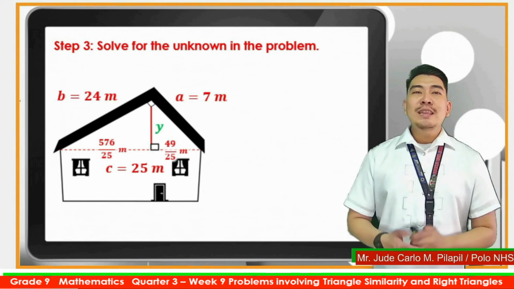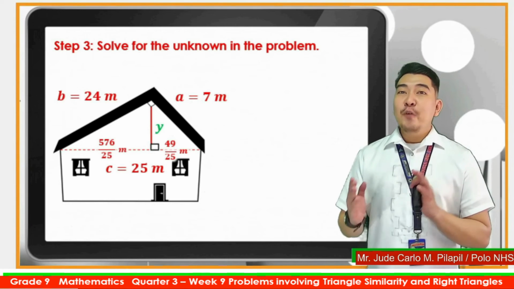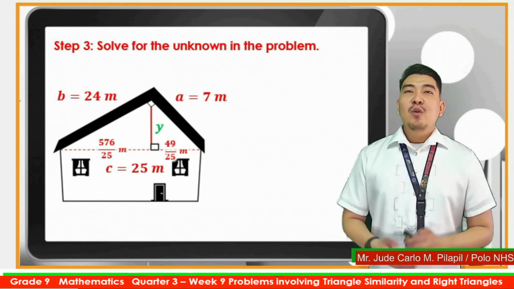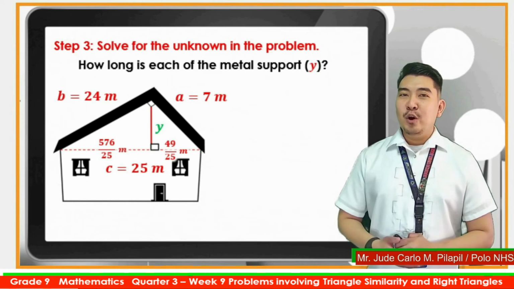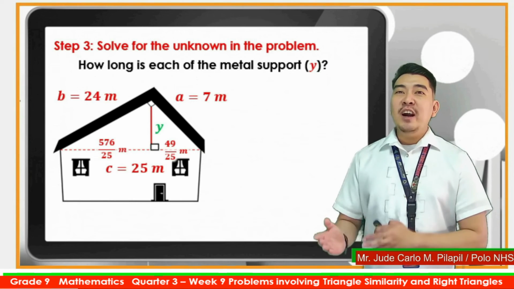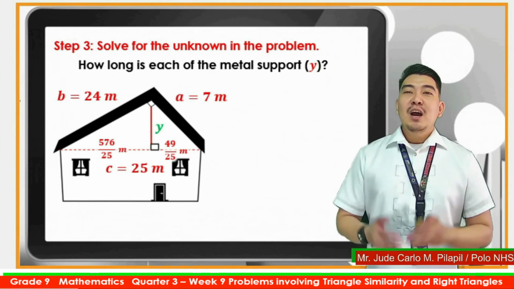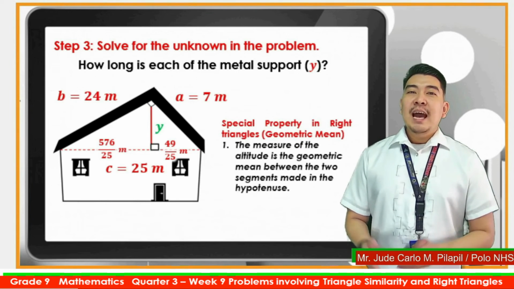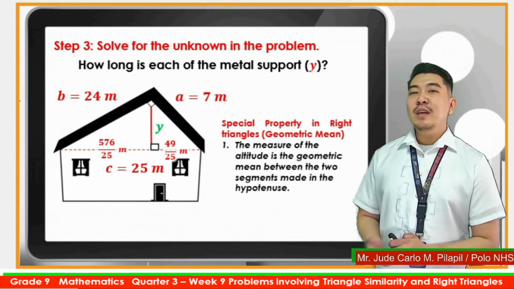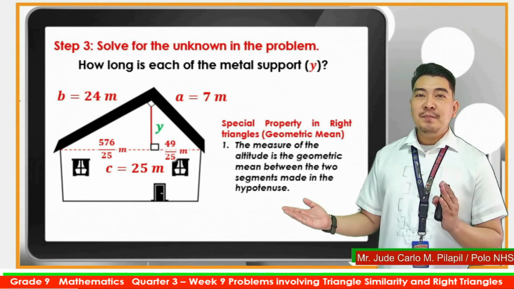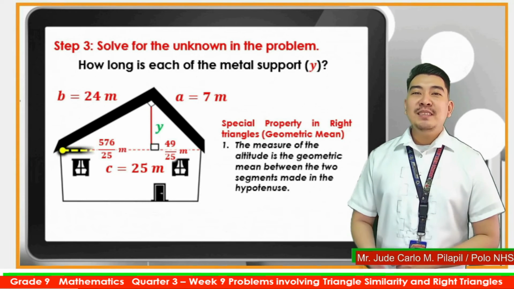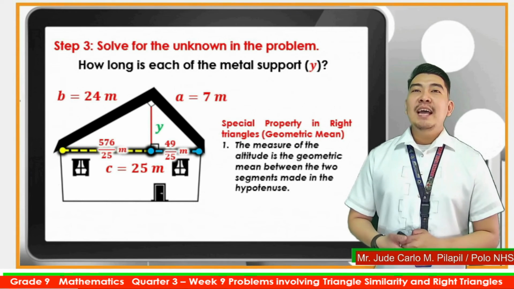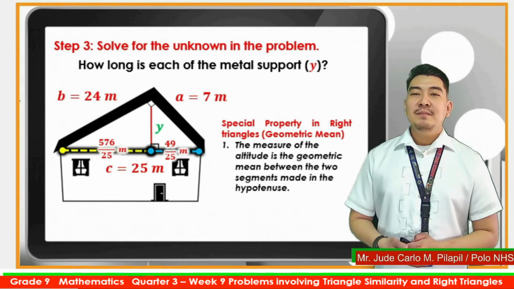Since we already know the length of the segments formed in the hypotenuse, we can now find the length of each metal support needed, or the variable Y. We use the property: the measure of the altitude is the geometric mean between the two segments made, represented by the yellow and the blue segments.